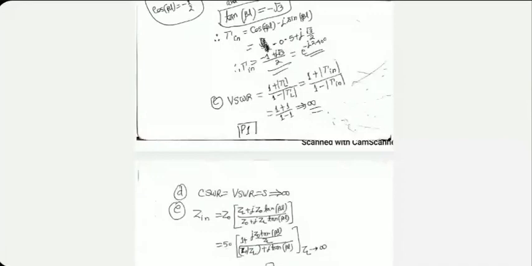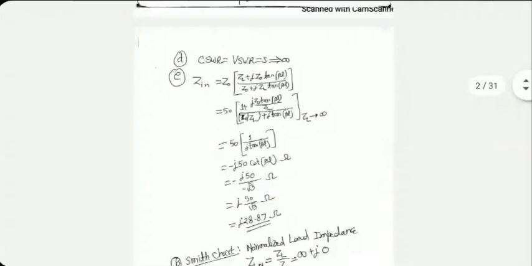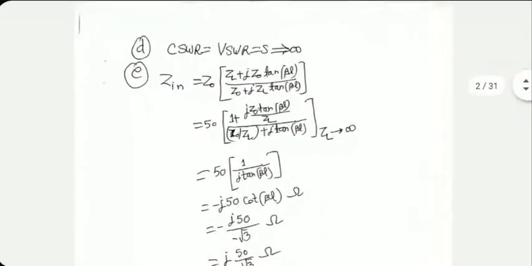Now for Zin, the last part, the formula is well known to you by now. We plug in the values. In fact, we allow ZL to go to infinity first.